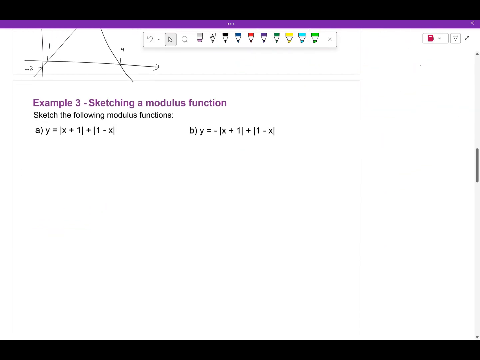Okay, this is more and more troublesome. Okay, so let's have a look. We've got y equals to absolute x plus 1 and 1 minus x. Okay, 就像我说的一样, it's more and more troublesome. But in fact, sketching will make it easier.